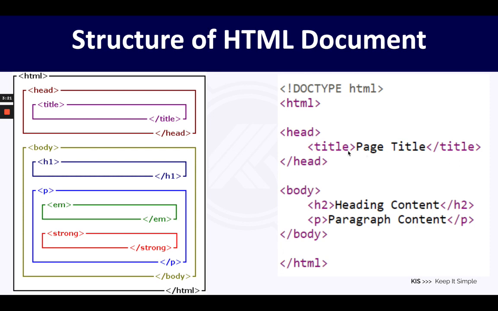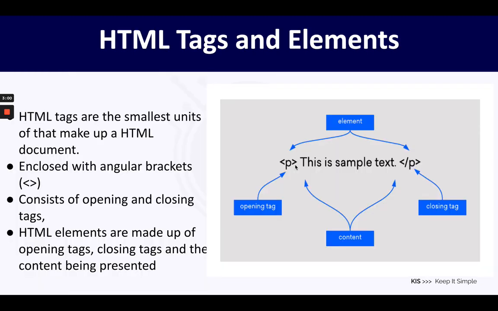Now a tag is basically the tag name enclosed in an angle bracket. The one that comes before the content is the opening tag, then you have the content, and then you have the closing tag, which is basically the opening tag with a forward slash. Okay, so let's go back.